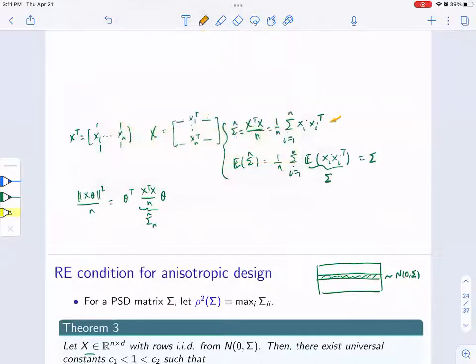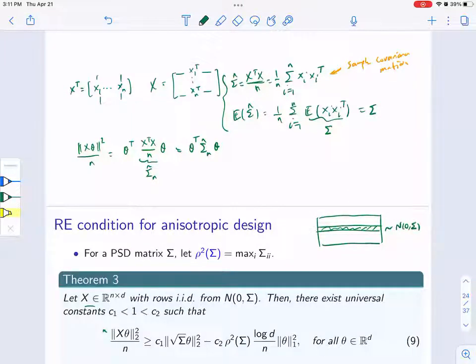So this side is basically theta transpose sigma hat theta, and the other one is the norm of root sigma theta squared, which is theta transpose root sigma root sigma theta, which is just theta transpose sigma theta.